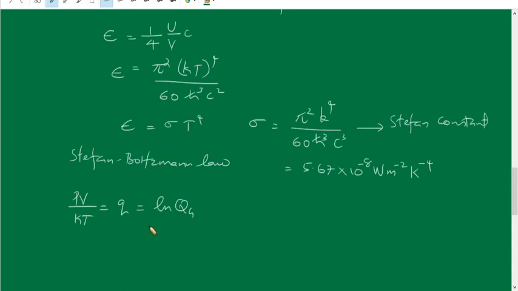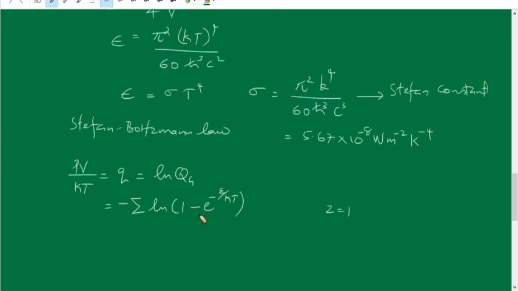For this photon gas, since it is Bose-Einstein, this is equal to minus summation of log(1 minus z e raised to minus e by kT), where z is 1. So this is the value of the quantity PV divided by kT.